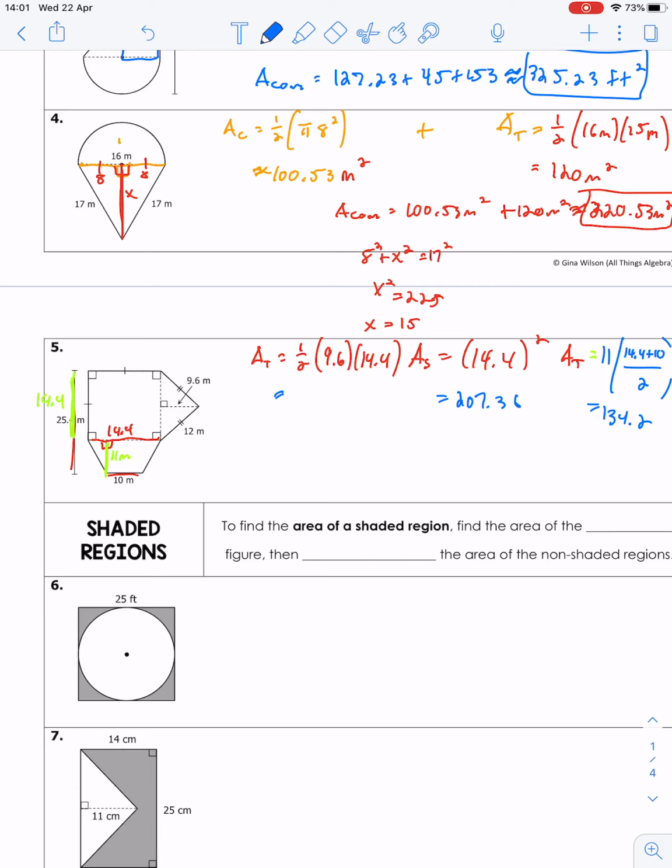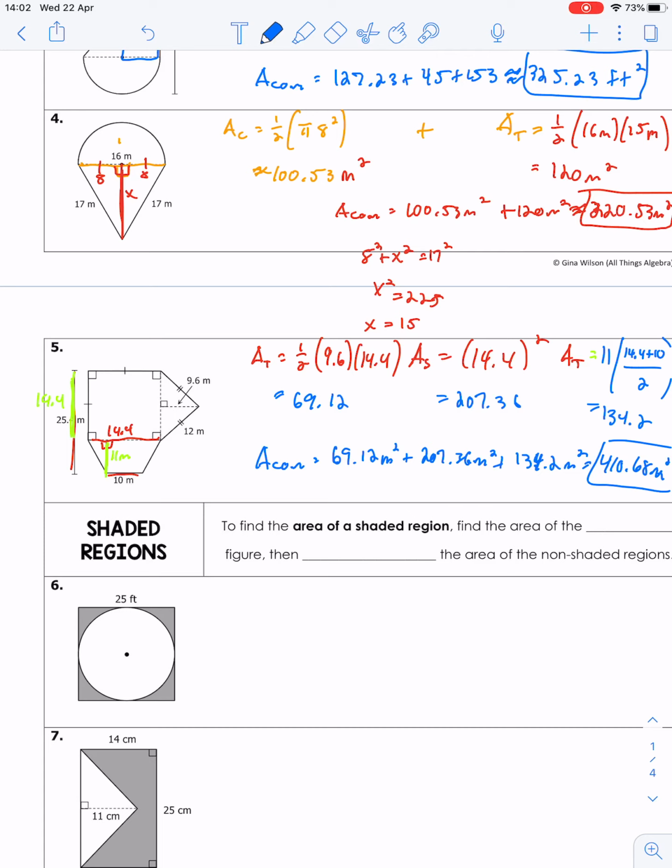Area of the triangle, 69.12. So the area of the composite is when we add all those together. 69.12. These are all in meters squared. 134.2 meters squared, and that gives us 410.68 meters squared.